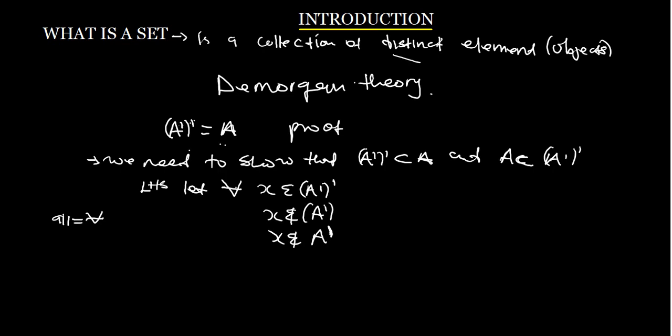So x now will be a member of A, because I've removed again. So therefore, I'm done here. x is a member of A. I've proved that (A complement) complement is a subset of A. So that's case number 1.